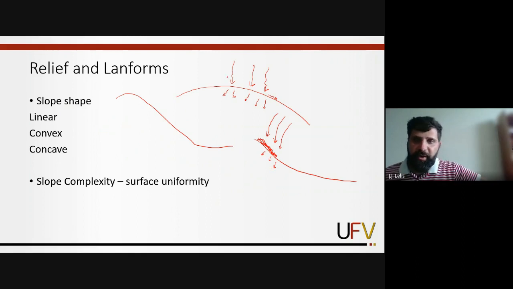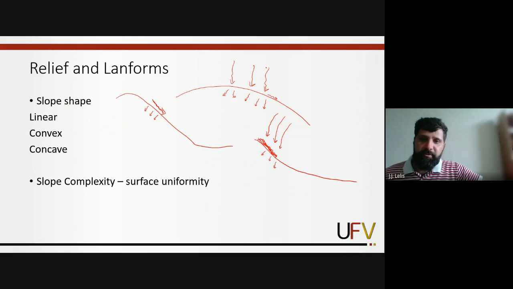So in convex slopes, you favor the infiltration of water. In concave slopes, you favor the surface runoff of water. And in linear slopes, you have the moderate, the median landscape. You have some infiltration and some surface runoff.